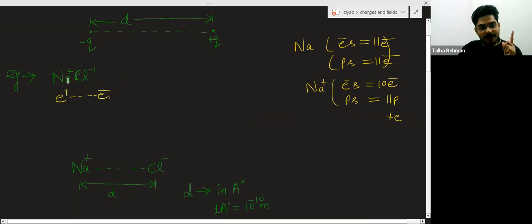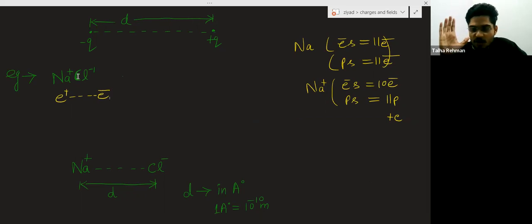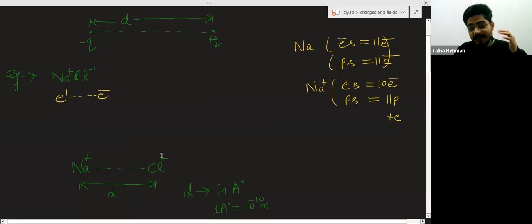Na and Cl, these are the ions, and there will be a very small distance between them, in angstrom. Angstrom, you know, na? 10 to the power minus 10 meter. So a practical example of a dipole is NaCl, Na positive ion, Cl negative ion.